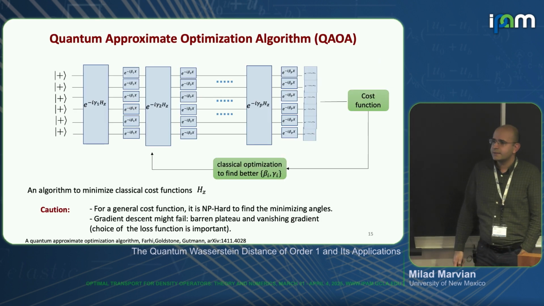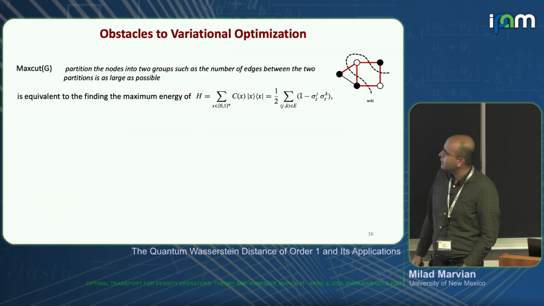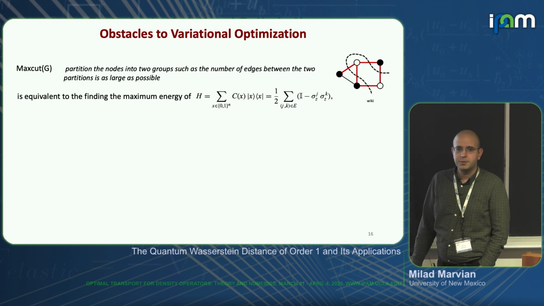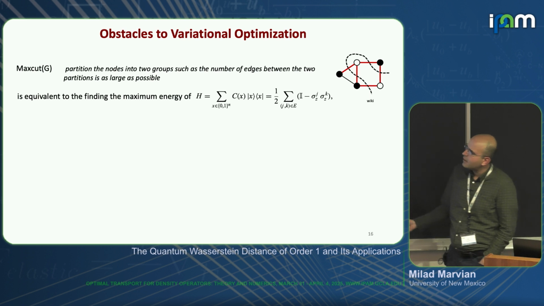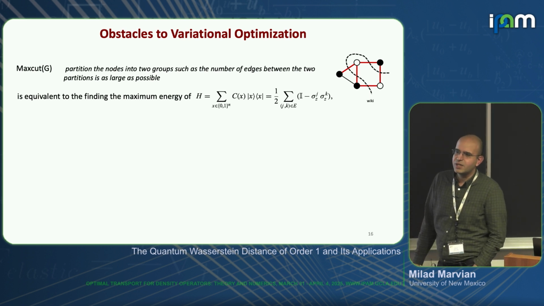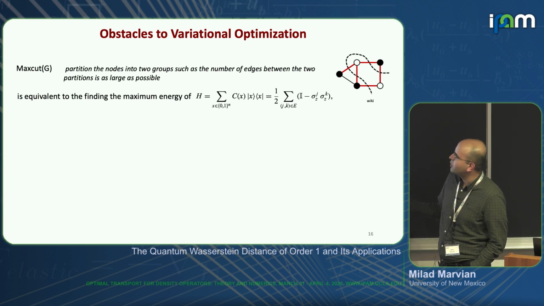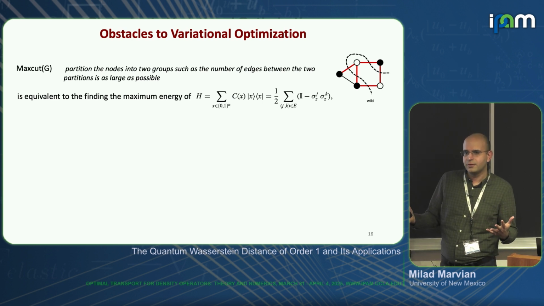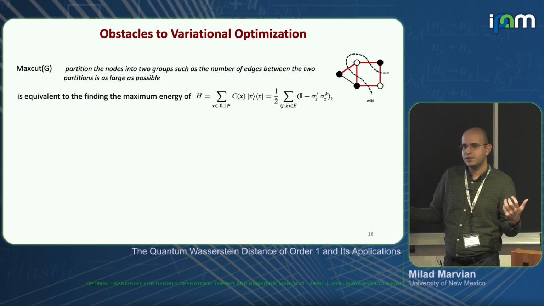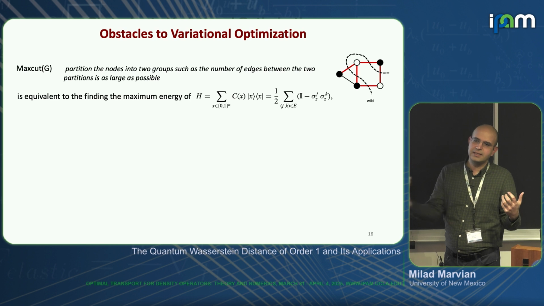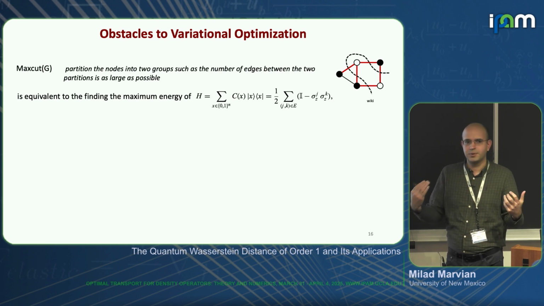I want to look at one specific family of optimization problems that people have looked at before, and that is called max cut. Just to give you a notion of what kind of problem it is, where the cut is coming from: you're given a graph. You want to partition your nodes into two different partitions such that the edges between the partitions are maximum.